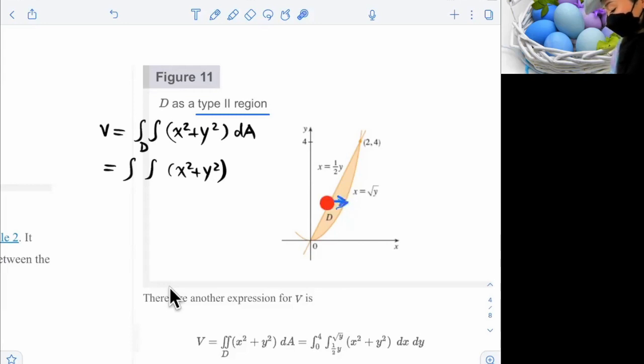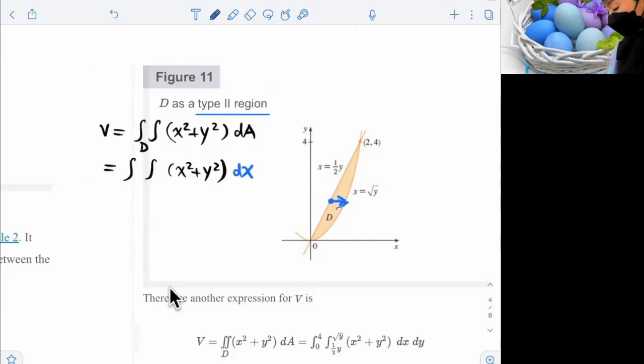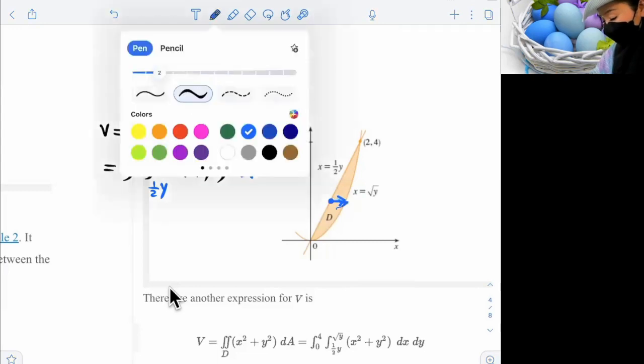So we integrate with respect to x first. x goes from what? 1/2 y to square root of y. So you know that it always goes from left to right, with this arrow here. And then after that, you're going to have a dy.